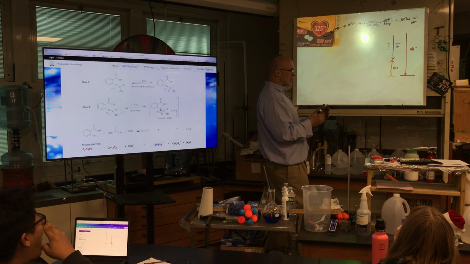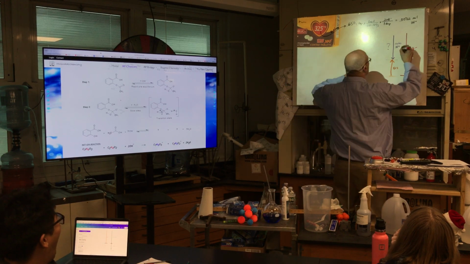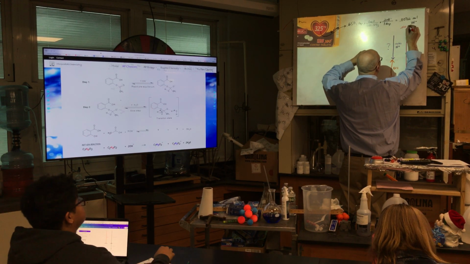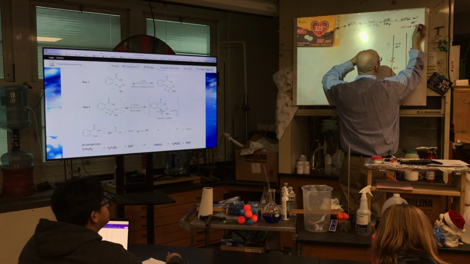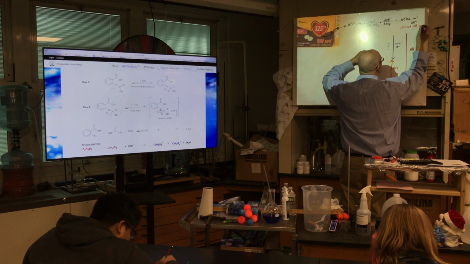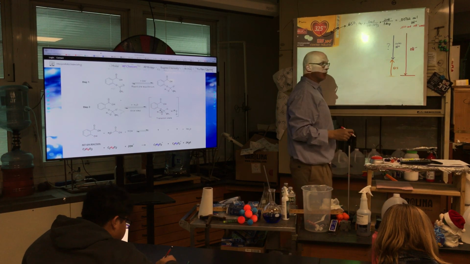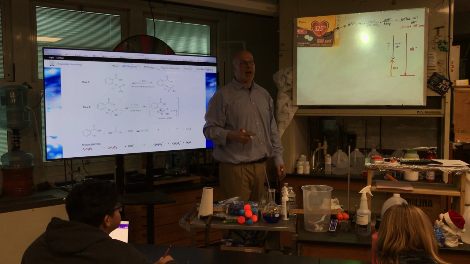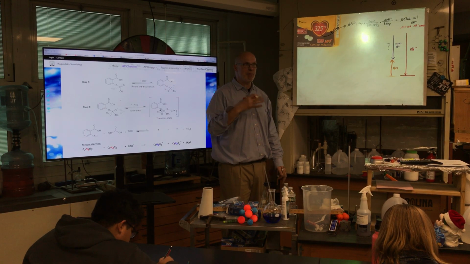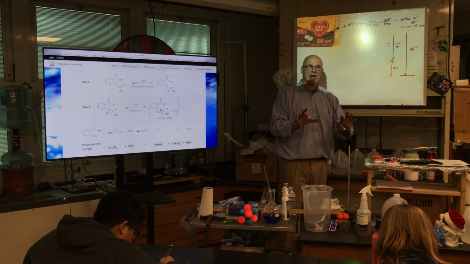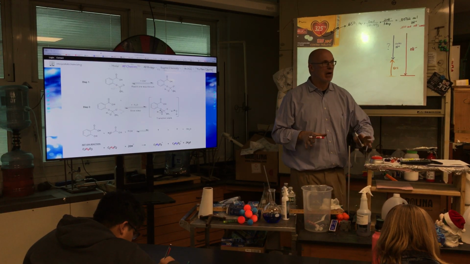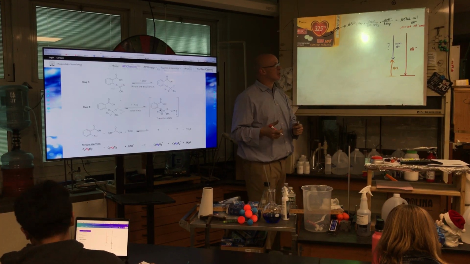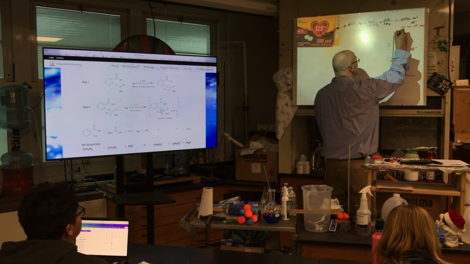So this is an arbitrary value. 0.010 moles of hydroxide is my excess. You with me? I decided that just so that we're making this solution, it was a safe concentration. Hydroxide concentrations that go high get very basic and get dangerous. And then we added this together.